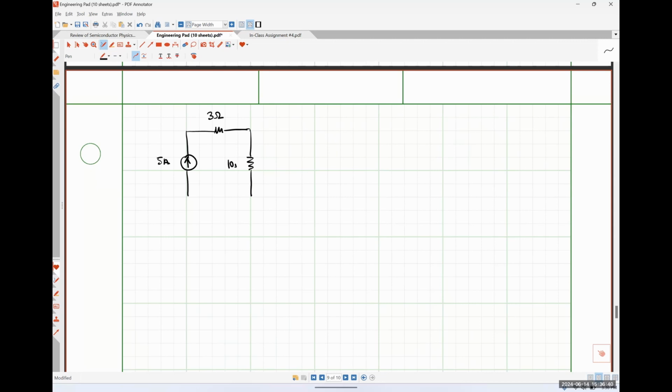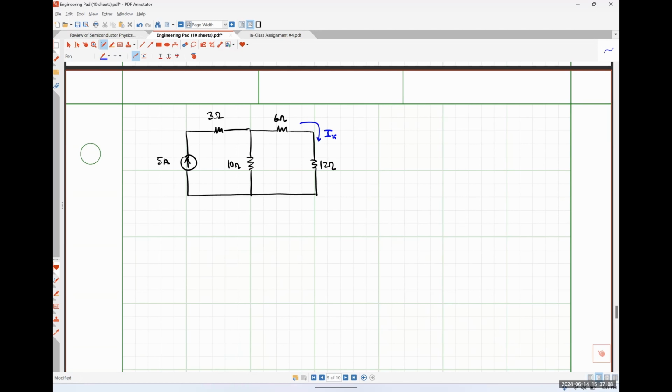Let's put a 10 ohm resistor here. Let's put a 6 ohm resistor here and a 12 ohm resistor here. And I'm interested in finding this current, which I'm going to call IX.